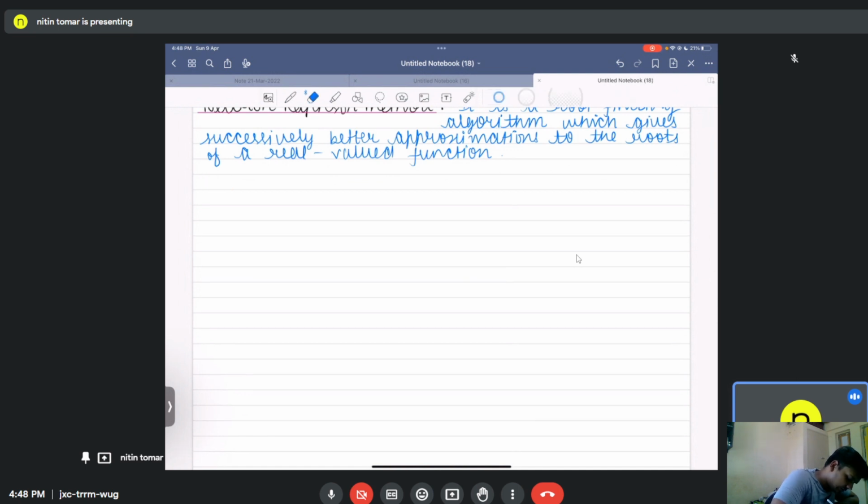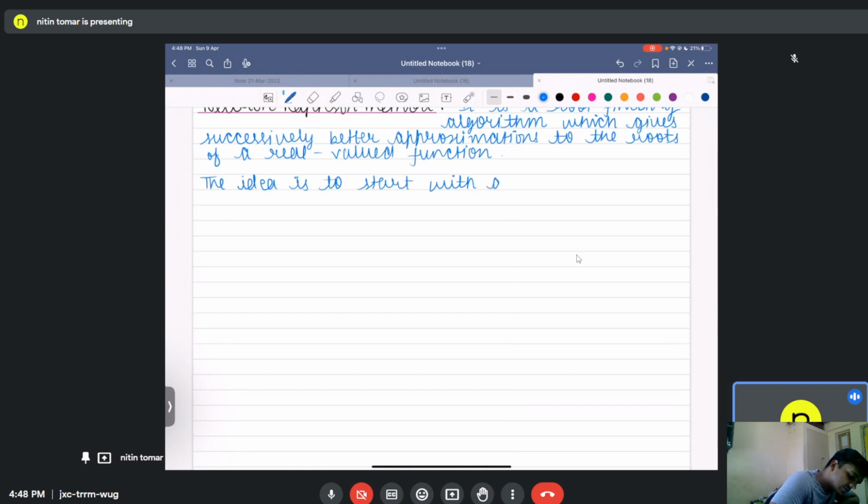So the idea is to start with an initial guess. I'll just give the geometric interpretation, then we'll continue this in the next lecture.